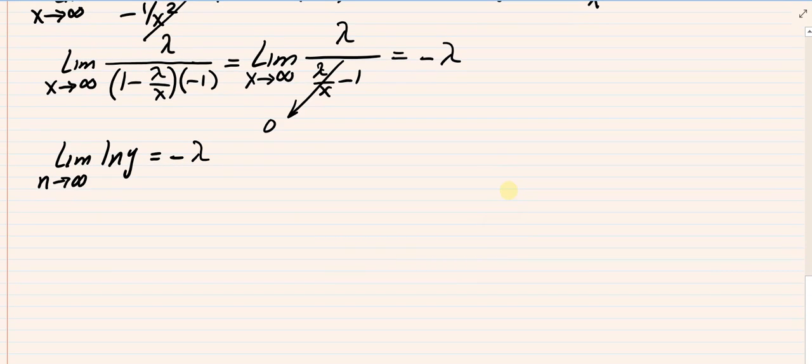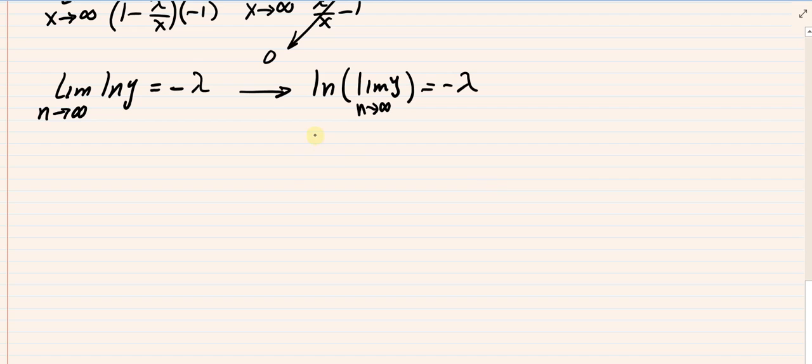Now, the limit of the natural log is the natural log of the limit, right? Therefore, I can write this as the natural log of the limit of y as n goes to infinity is negative lambda. By definition, the natural log is log base e, so log base e of the limit as n goes to infinity of y is equal to negative lambda.